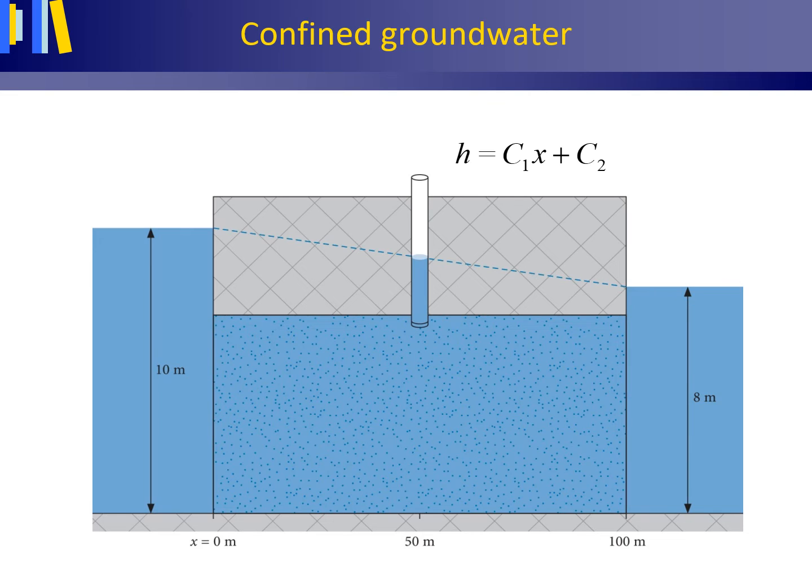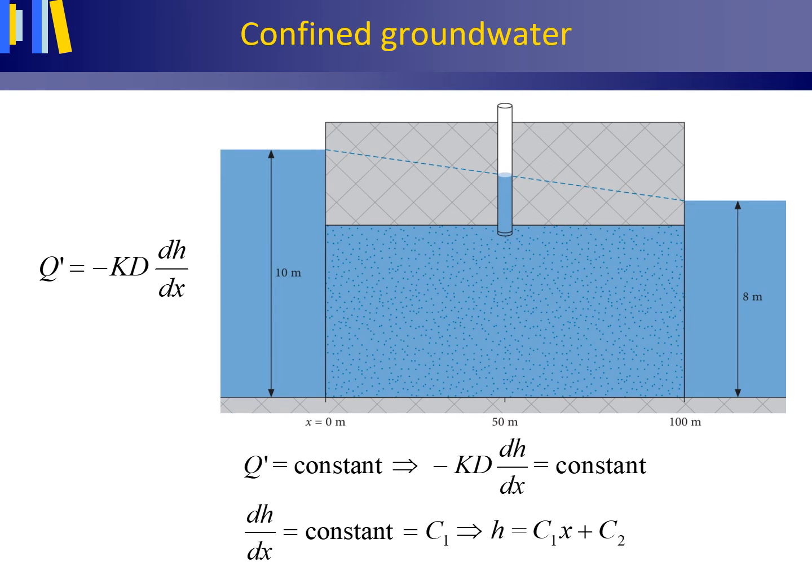This picture also nicely shows how you can measure the hydraulic head in the confined aquifer by placing a piezometer tube with its screen within the confined aquifer. We could also have derived this linear equation for the hydraulic head H with horizontal position X, H equals C1x plus C2, as shown in the Mathematics Toolbox M1 at the end of my book.